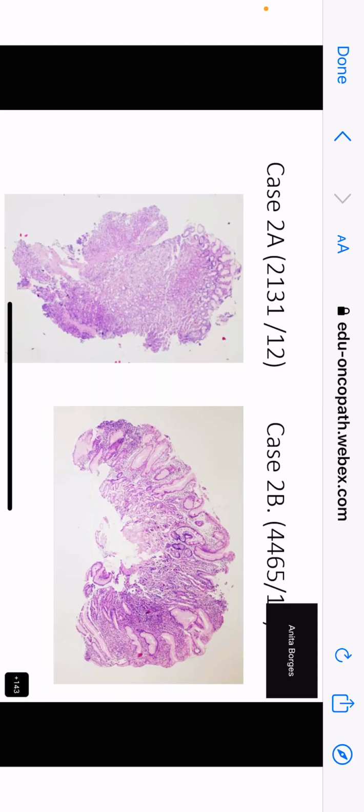You said 25% to 75%, it could be 30, 70, but it is really short foveolae, into which many openings of the glands are. There's more than one opening of the gland into each gastric pit.